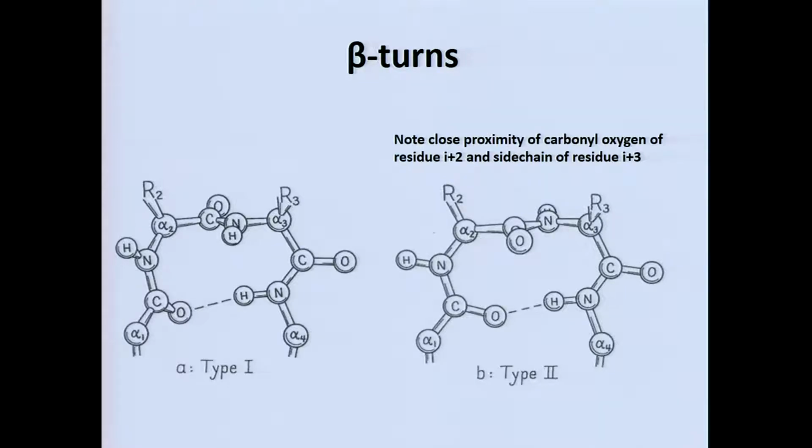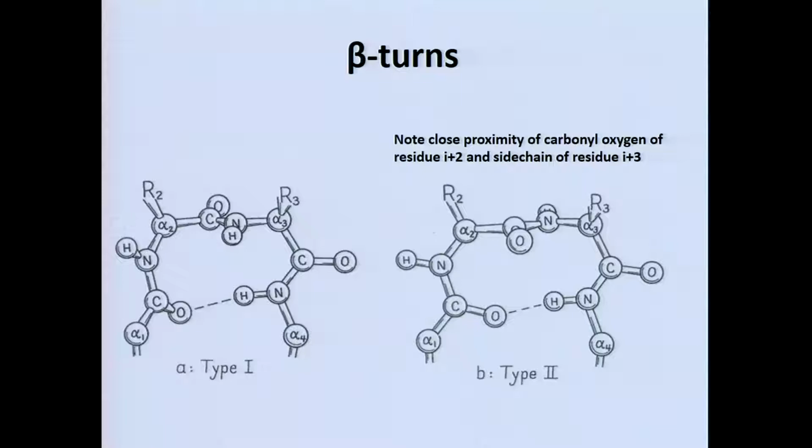And you know the phi psi angle of this small ring. This is a ring, right? The phi psi angle of this ring is such that often this R3 is a glycine.